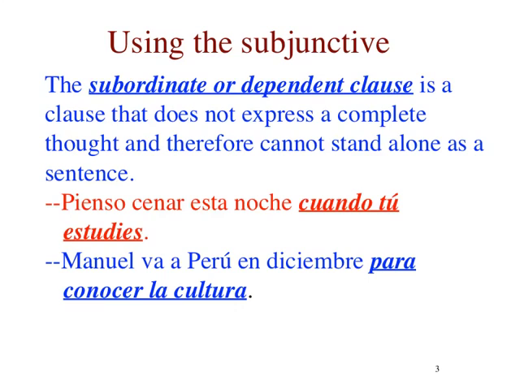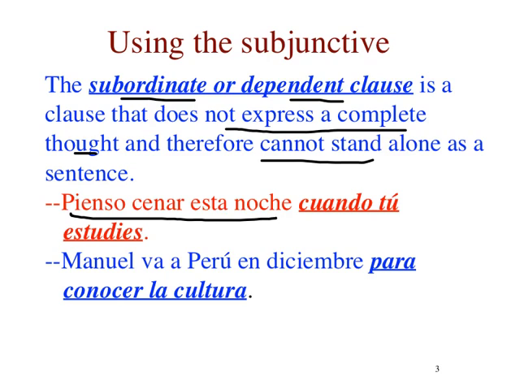Now, our second clause in setting up the subjunctive is called the subordinate or the dependent clause. And that is a clause that does not express a complete thought and therefore cannot stand alone. Remember our main clause, pienso cenar esta noche cuando tú estudies.